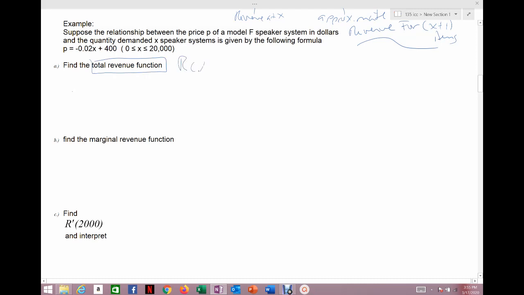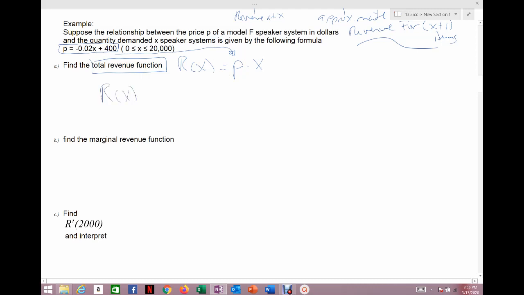Remember, revenue is price times quantity, where price is given to us in the application by the price-demand equation. So we're producing speakers, the price p is how much the speaker costs, and x represents the demand. So again, price is changing based on demand, and so we're going to plug that in for price.